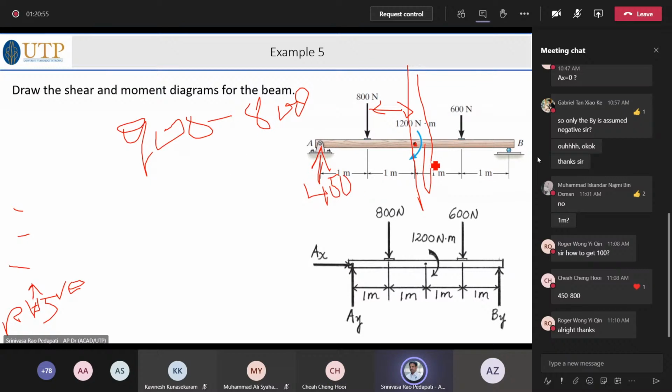But that 100 is just before this point. Exactly at that point you have another plus 1200, because this 1200 is the moment. There is no distance required for that. So that is how 100 jumps to 1300. This is a point of juncture where, just a micron before the 1200, it is 100, and exactly at that point it jumps from 100 to 1300. That is what is called the salient features, which we would like to know about how the beam is behaving.